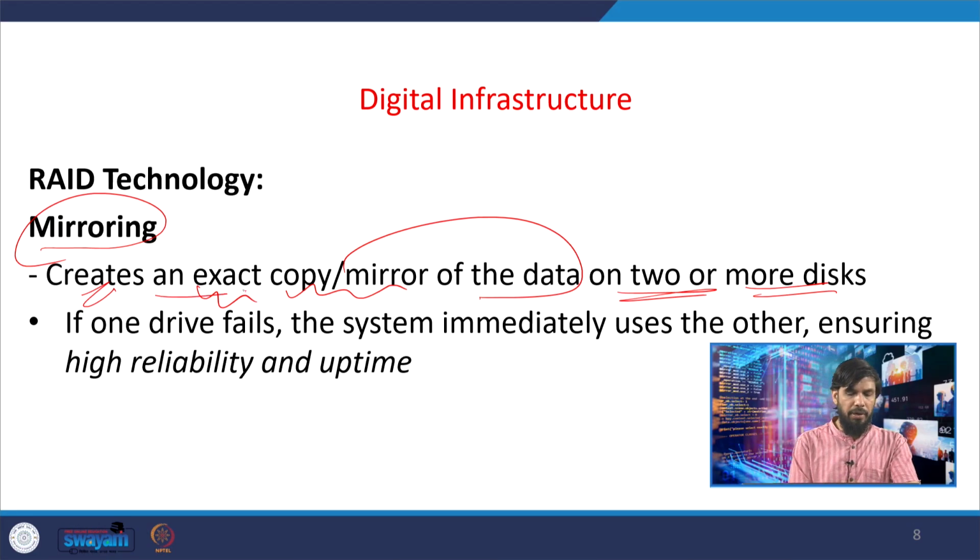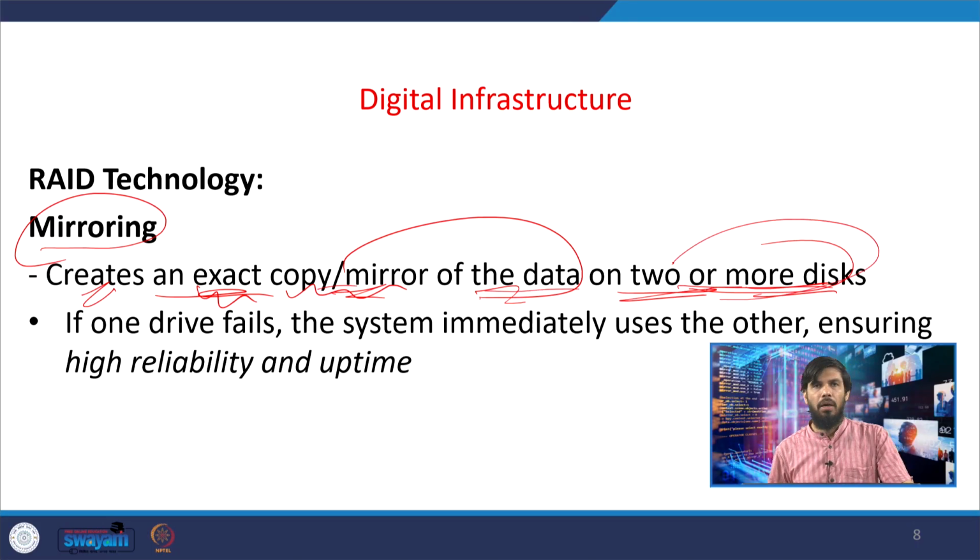If some component fails on one disk, there can be loss of the data, but because the copy or mirroring was done, you can get back the data. That is the point mentioned here: if one drive fails, the system immediately uses the other.